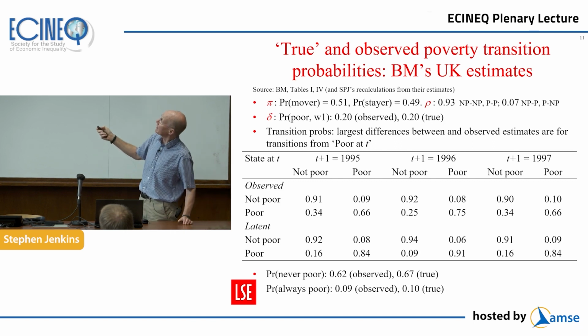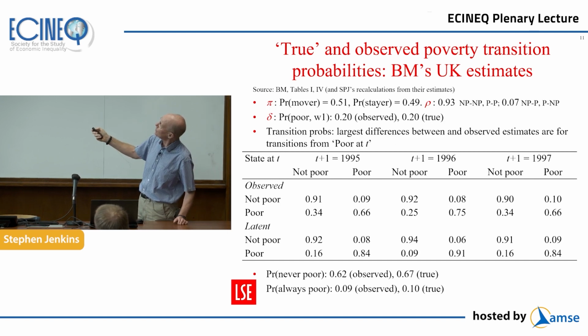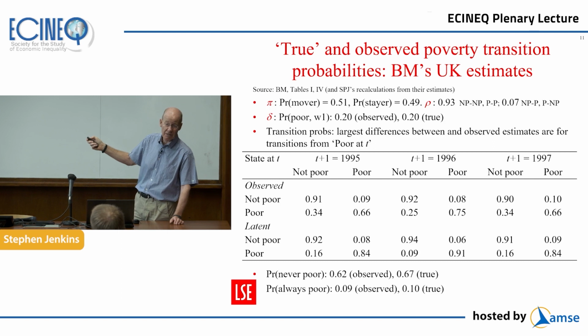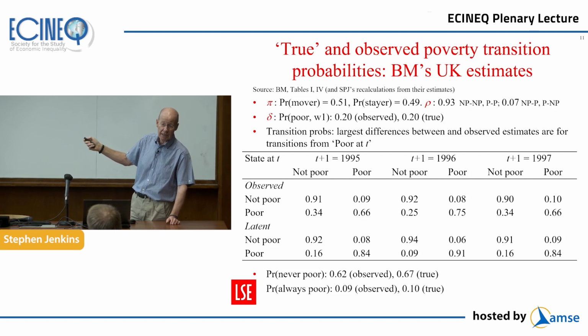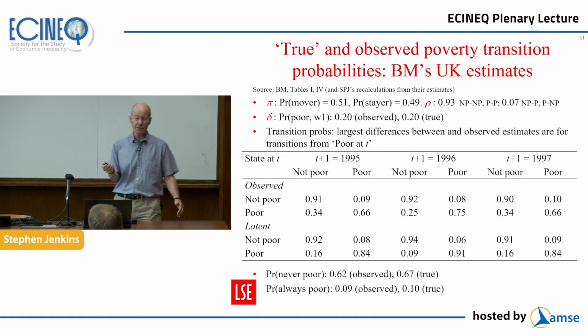But the worrying thing, and this is where their stuff is coming from, is to compare this 1/3 with this 1/6. Okay, that's where the big differences are coming about, and the fact that it's coming from exits from poverty to non-poverty, or equivalently up here, the difference between 66 and 84.